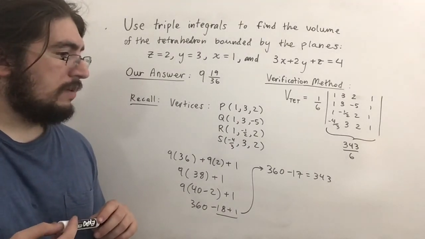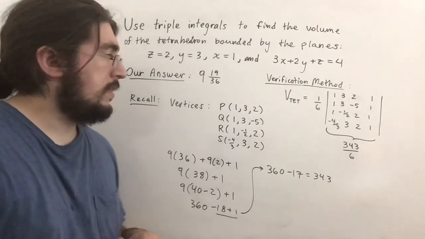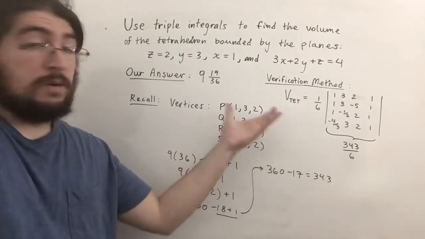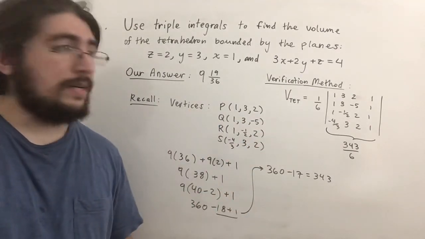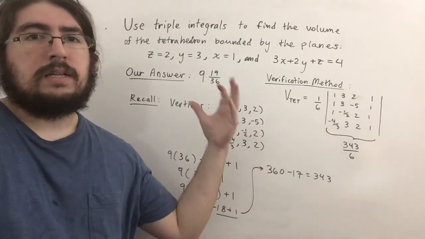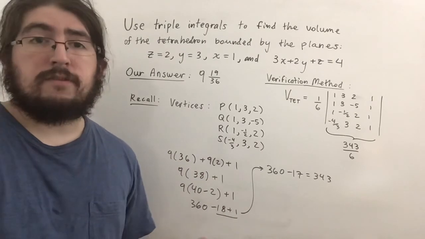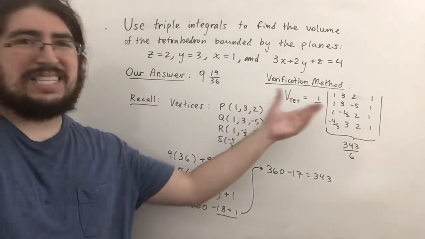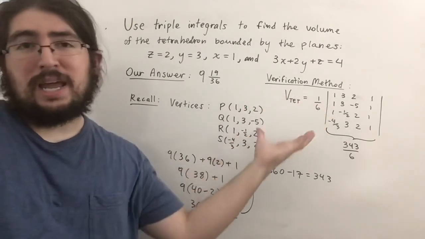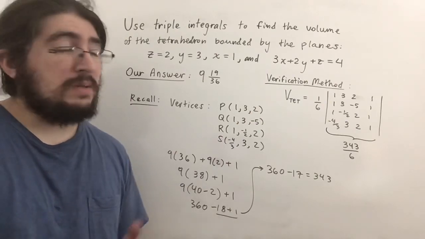So you can take a look into that if you like. But good, we verified that this is indeed our answer. Nice. And we saw this new method to find the volume of a tetrahedron if you know the vertices of that tetrahedron. Again, this method is still a little weird because I haven't justified it, but maybe we'll do that, like I said. I don't know.